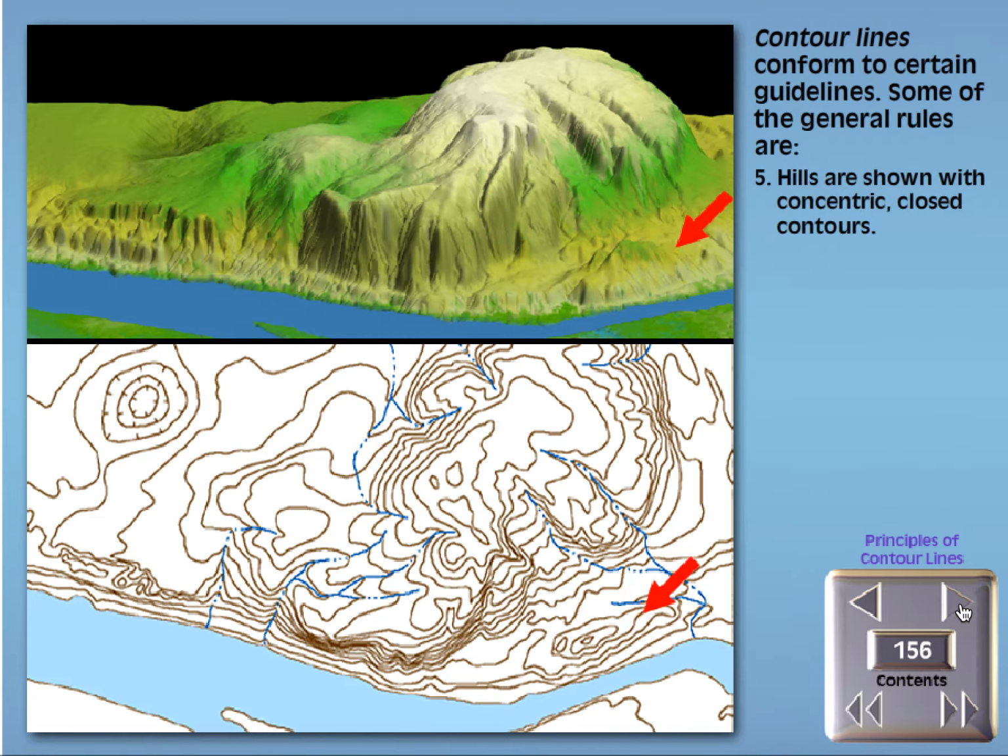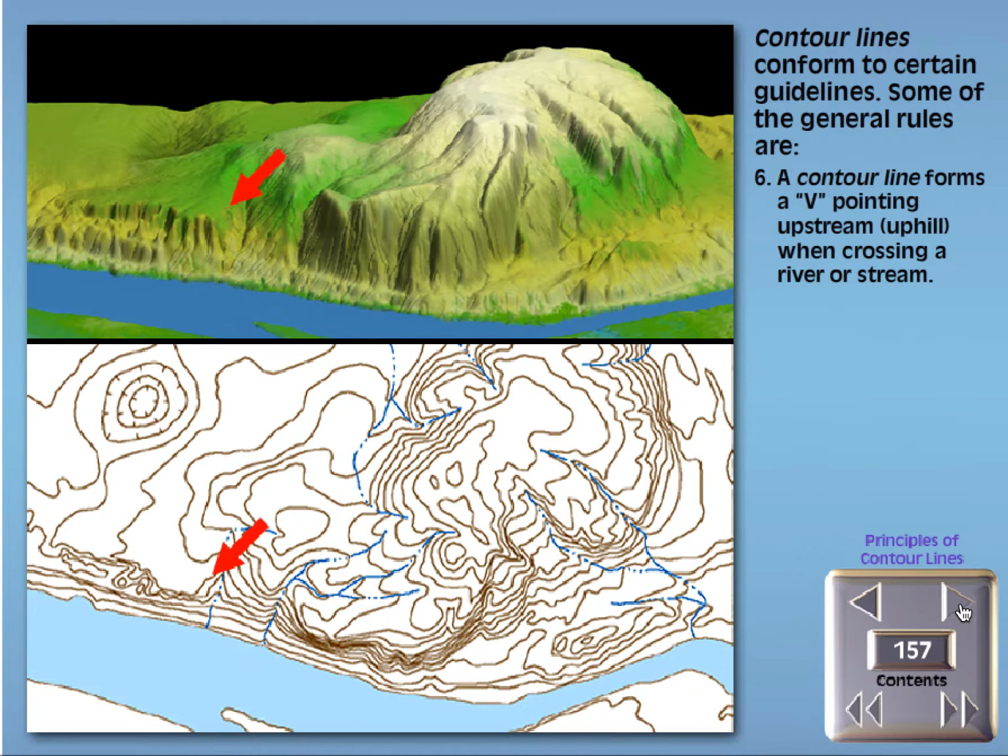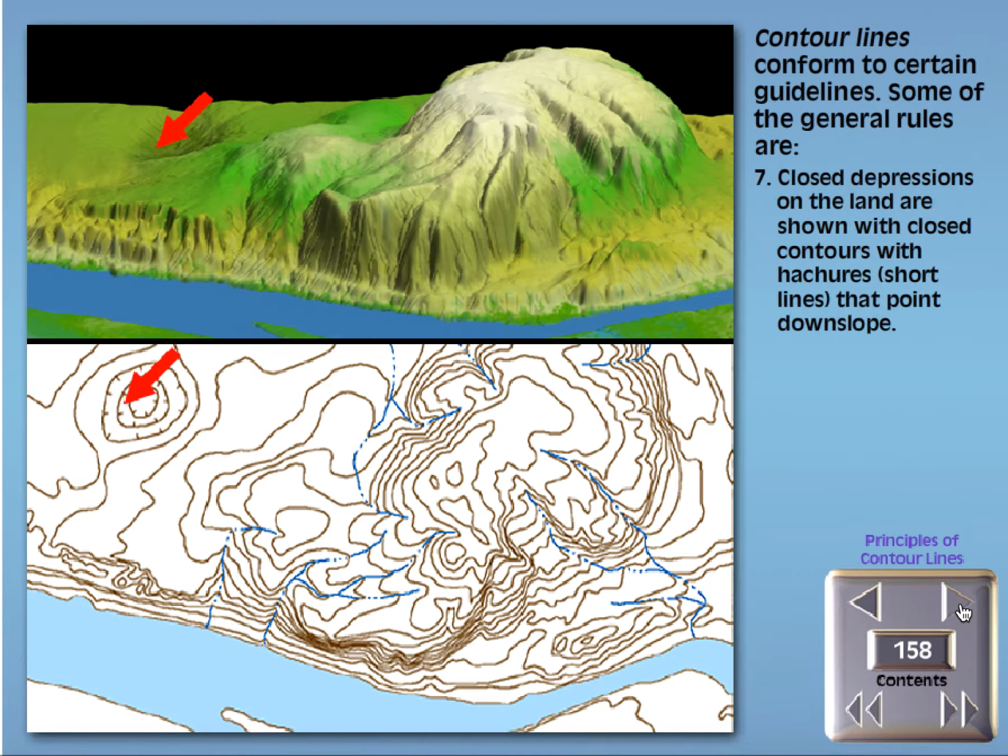5. Hills are shown with concentric, closed contours. 6. A contour line forms a V pointing upstream when crossing a river or stream. 7.